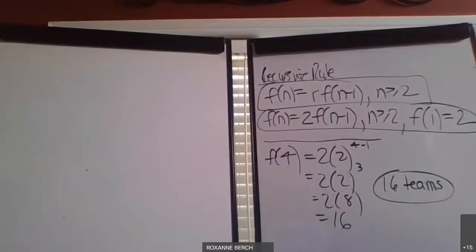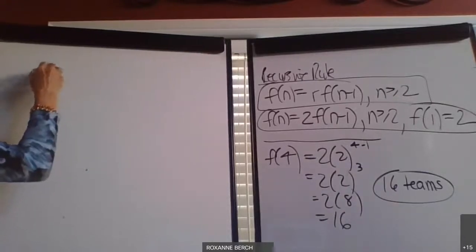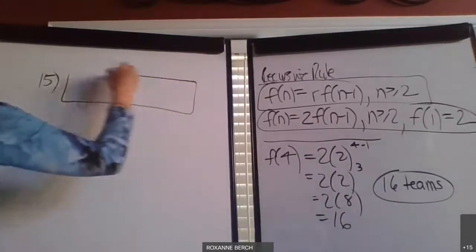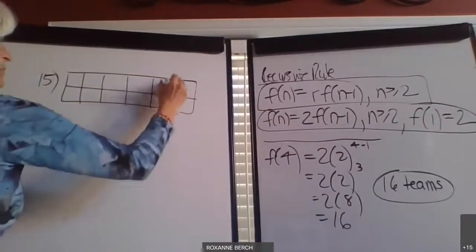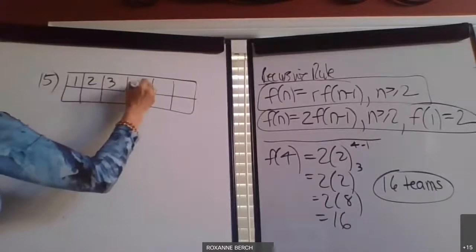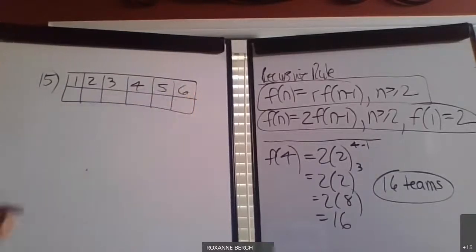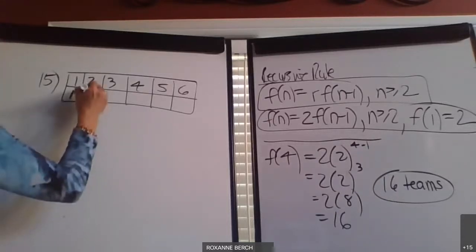How would you make your table for 15? So your first term would be 1. What's your second term? Is it 3?